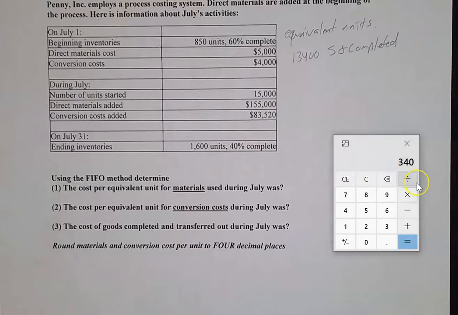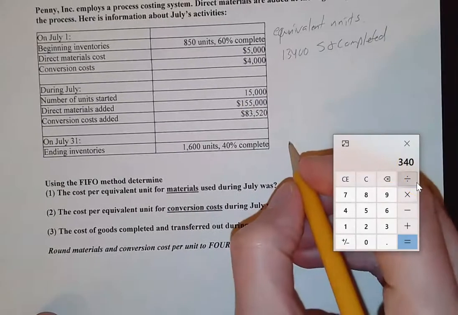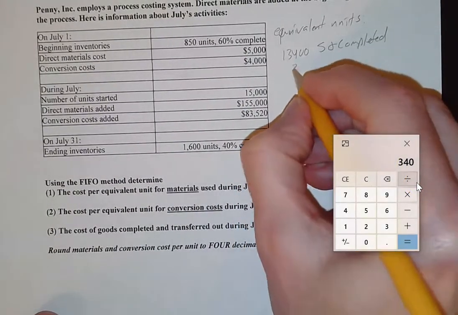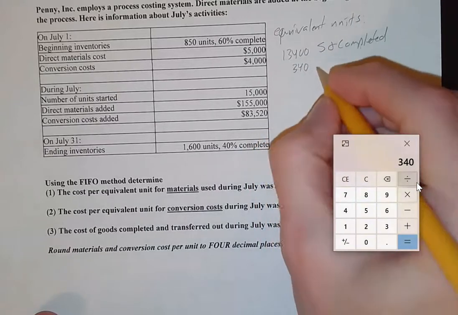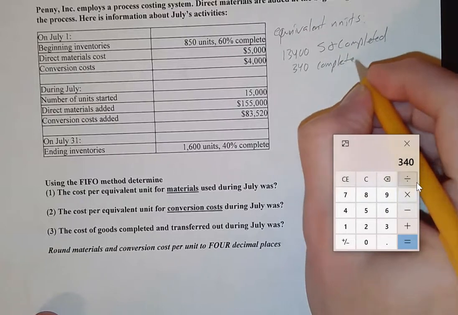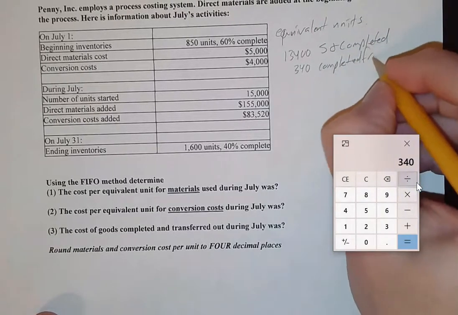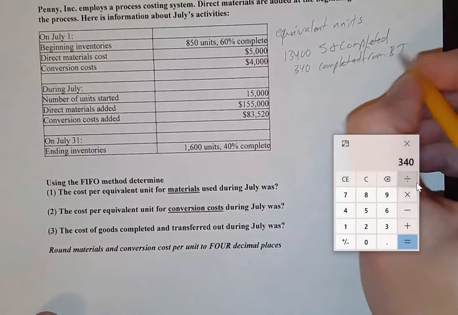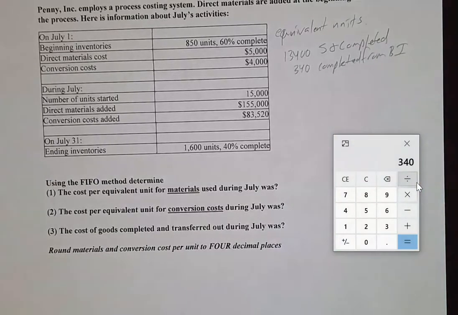So we're going to have to add 340 units up here. And this is completed from beginning inventory. Okay. And then finally, we have these 1,600 here that are not completed. That's why they're not part of this.